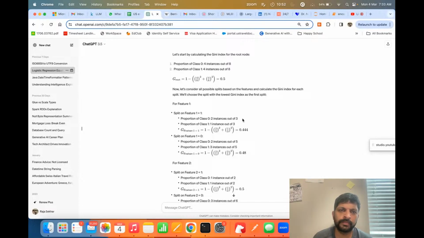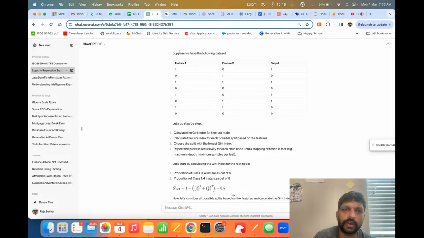So split on feature one equal to one. If I say feature one equal to one, then for me, what happens is on the one side you'll have three ones and one zero, and the right side you'll have three zeros and one one. Correct?